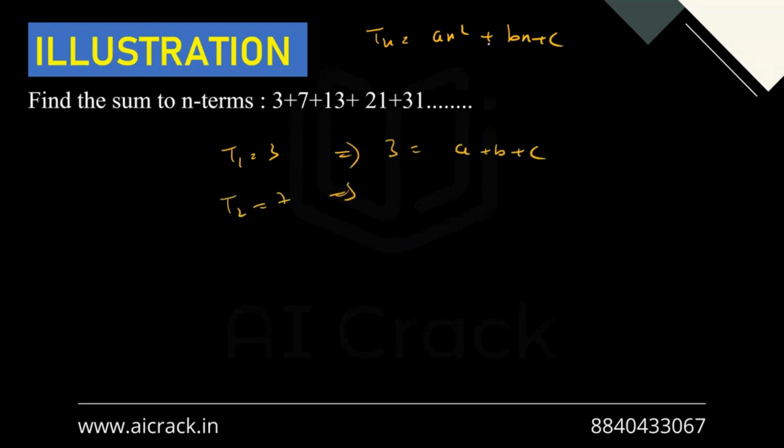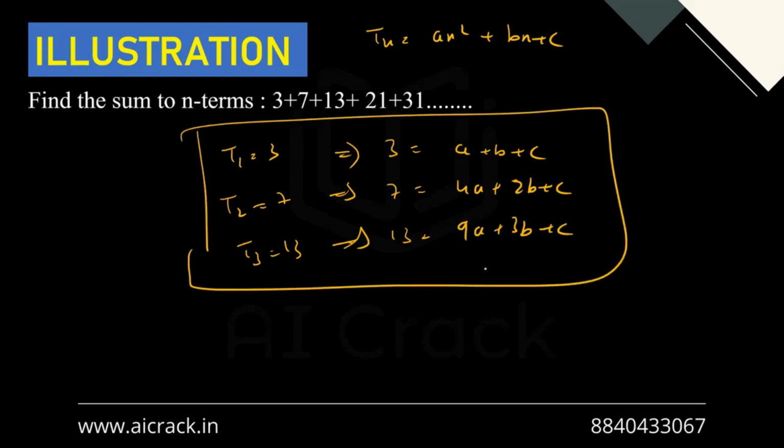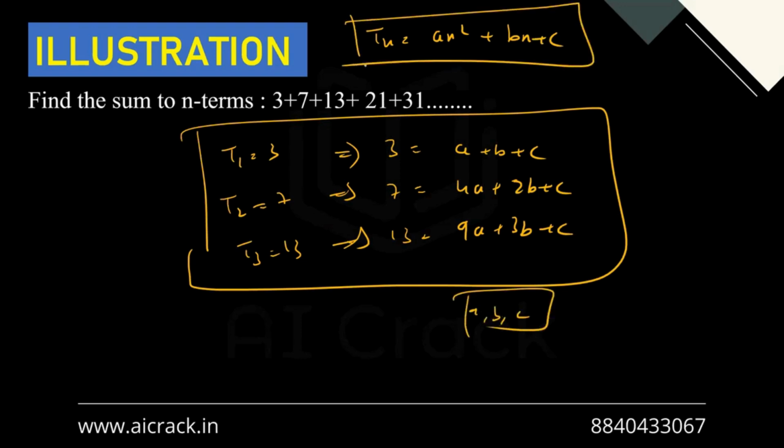So if you put n equals 2 over here, we'll be getting 7 equals 4a plus 2b plus c. Similarly, t3 equals 13. So if you put n equals 3 over here, we'll be getting 13 equals 9a plus 3b plus c. Now we have got 3 equations, 3 variables. You have to find out a, b, and c. Once you've got a, b, and c, then you'll be able to figure out what Tn is.